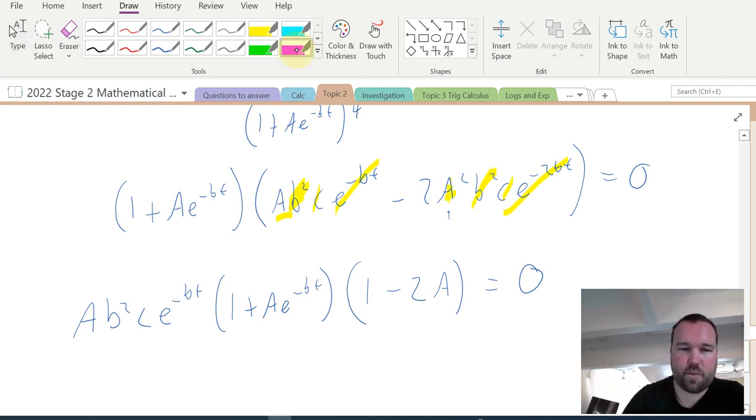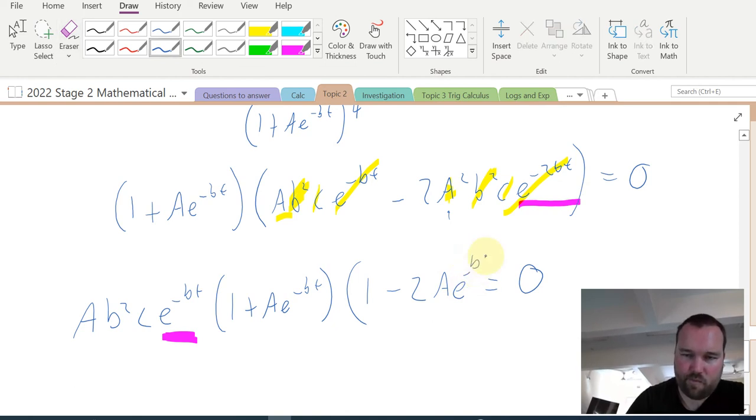My mistake was when I pulled out this e to the minus bt, I took it out of there. The thing is, that's e to the minus 2bt. So there's one left over, meaning here, e to the minus bt.